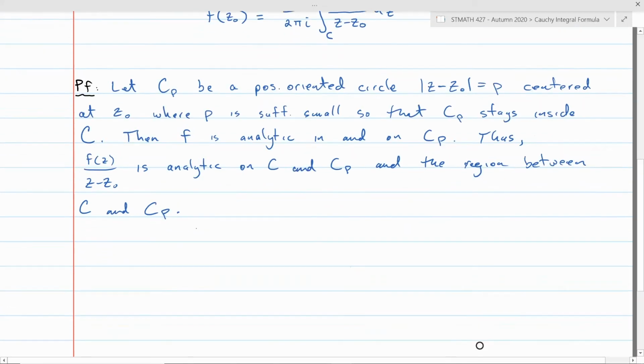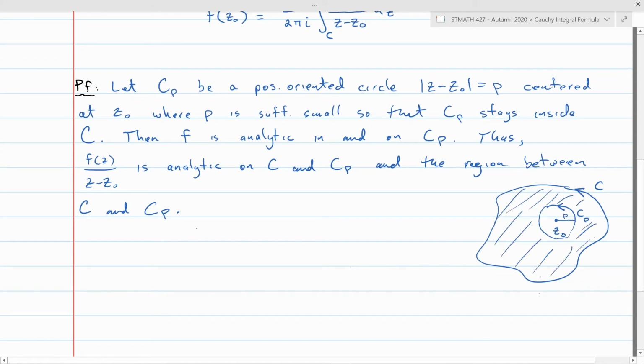Right? So, a little picture over here somewhere. We've got this contour C, and then we've got some point in the interior that we started with, z0, and then we picked a circle centered at z0, positively oriented also, and we called that one C sub rho, and the radius is rho. In the region in between, we know that f of z over z minus z0 is analytic.